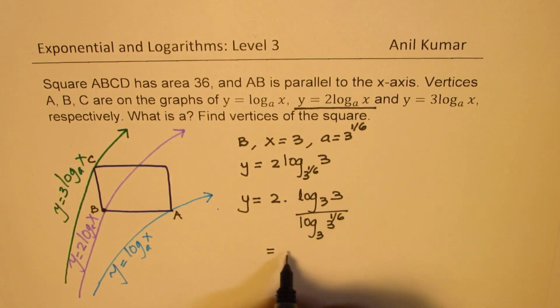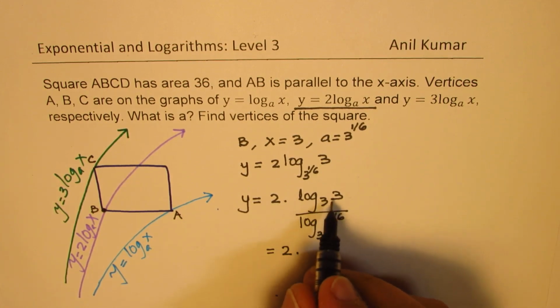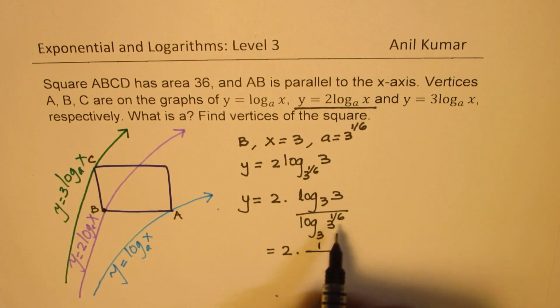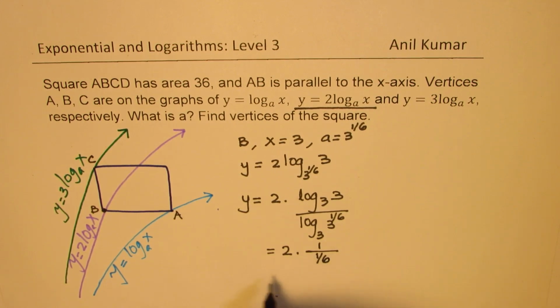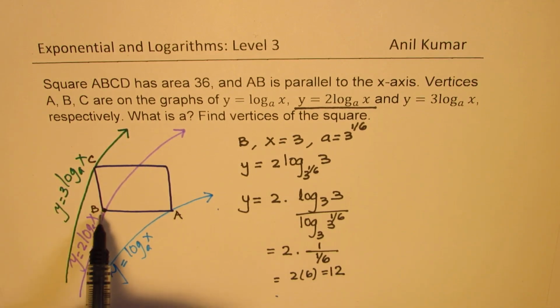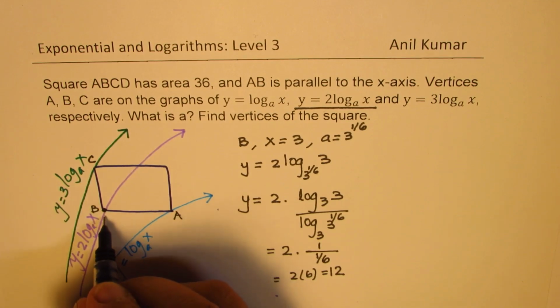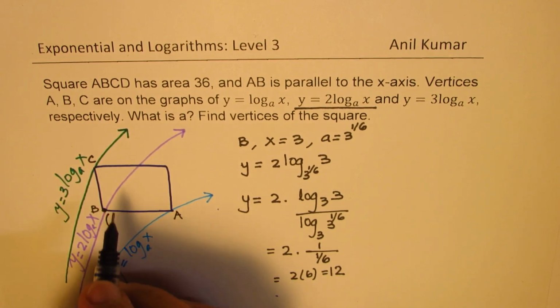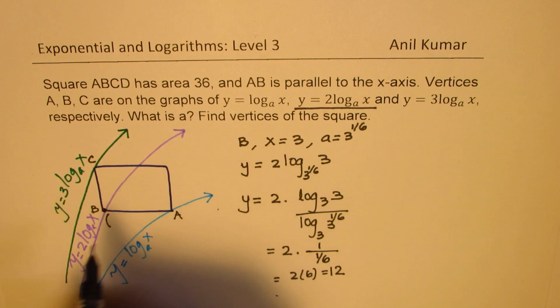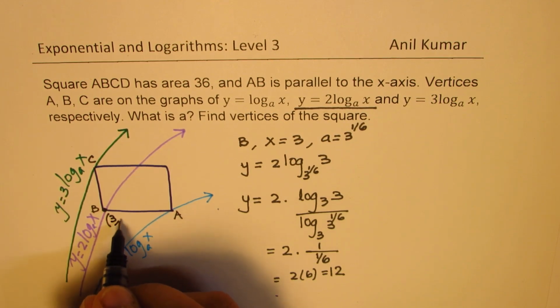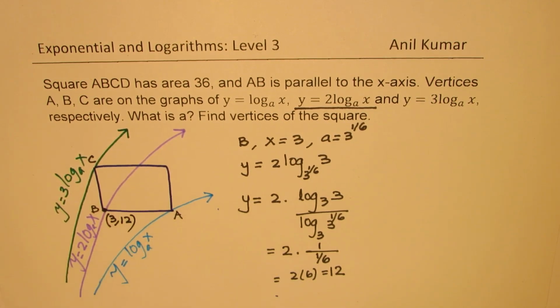So that gives you the y value as 2 times log 3 of 3, which is 1, and log 3 of 3 to the power of 1 over 6 is 1 over 6. So that gives us 6 times 2, which is 12. So the y value here is 12, and therefore the point B will be 3, 12. Is that clear to you?